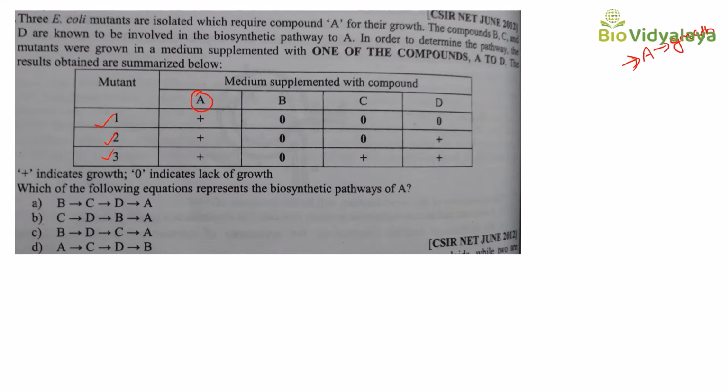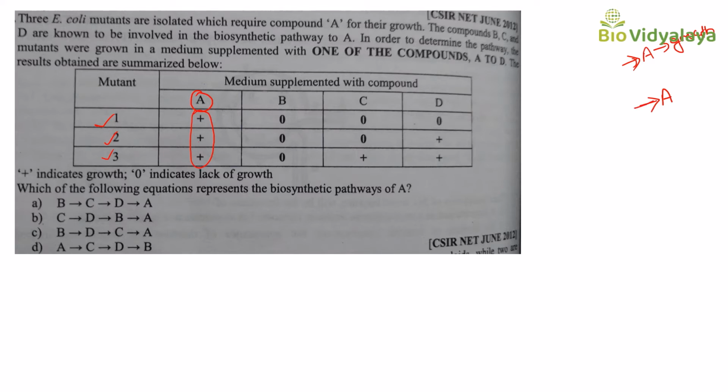So here the medium is supplemented with compound A. Here you can see that all are positive. Mutant 1 is positive, mutant 2 is positive, mutant 3 is also positive. So this is the end product of this pathway and this is required for the growth of this E. coli.